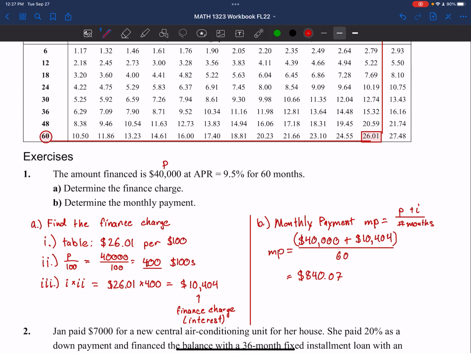So that doesn't seem too bad, $840.07. But if you look at how much this loan is actually costing you, it is $10,000 extra. So if you didn't have $40,000 up front, you can be like, okay, I just need to take a loan. But you basically pay another quarter of the amount just in interest to get that $40,000 you need for whatever purchase.